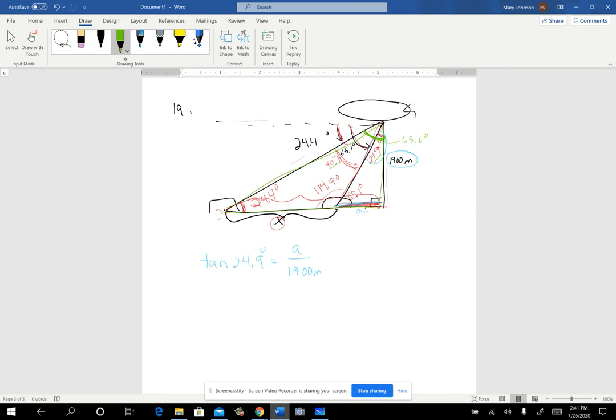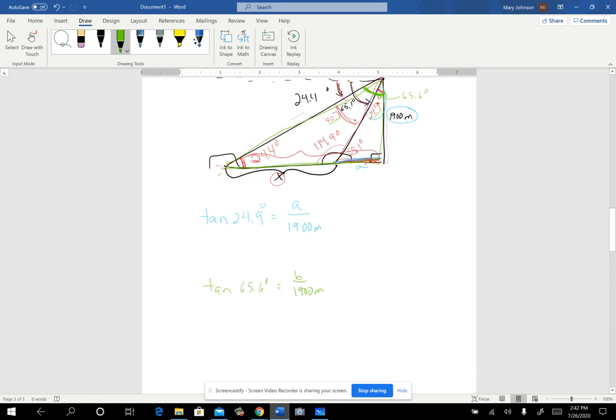And so it's a similar setup if I think of it this way. Then the tangent of the 65.6, that angle up at the top on that large right triangle, would equal this whole length, which I'm going to call B, divided by the 1900. And then when I'm finished, I can just subtract.